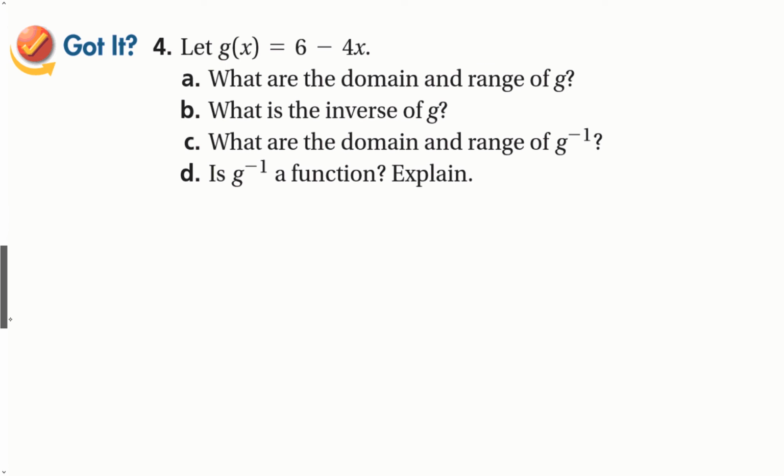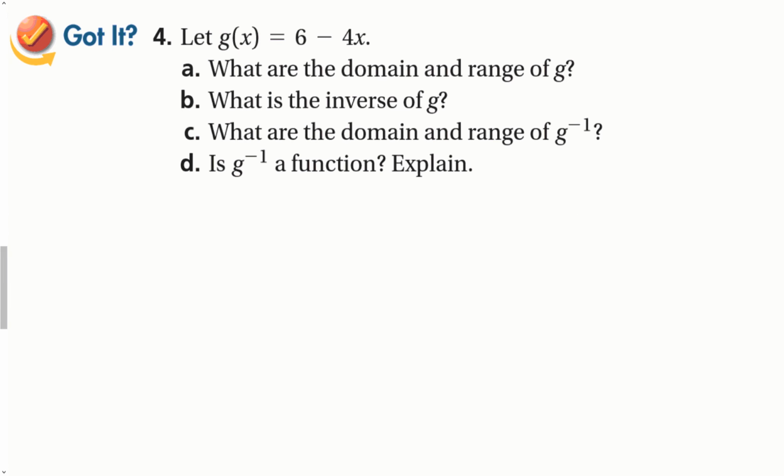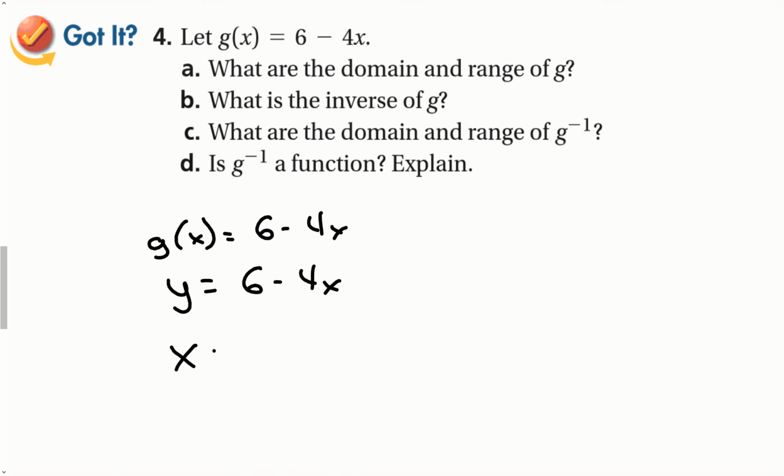Let's try one that's a little more straightforward. Let's try a line. All right, so we start with my function. In this case, it's g of x is equal to 6 minus 4x. I replace that with y. I switch and solve.